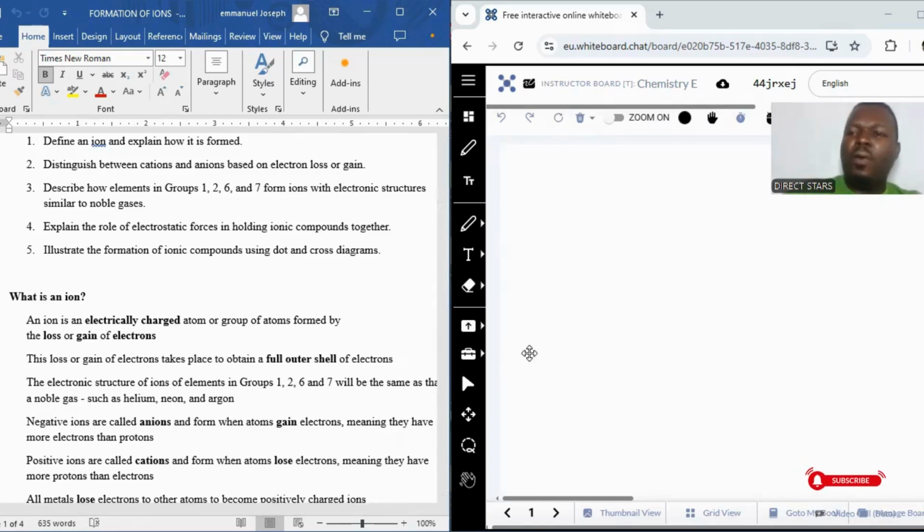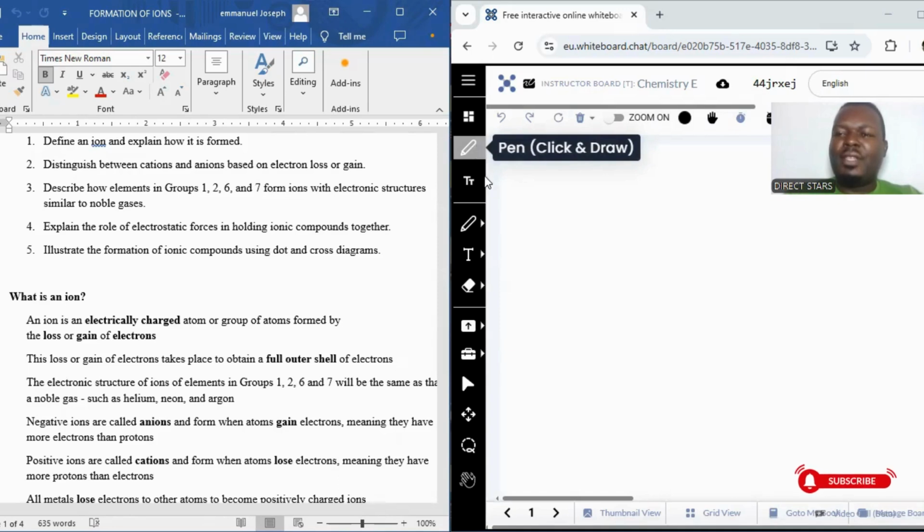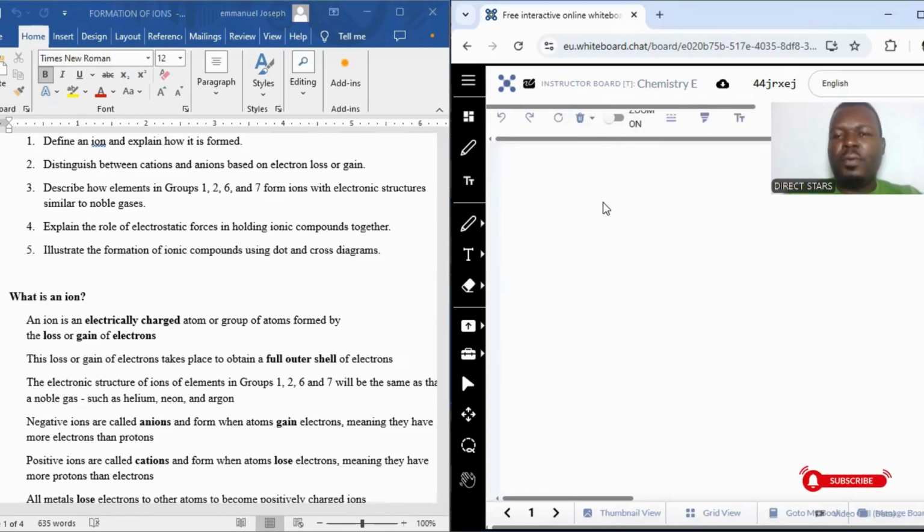So how are these ions formed? Let's start with the anions, the group 6 and the group 7 elements. The first member in your group 6 is oxygen. When we look at oxygen, for example, oxygen has an atomic number of 8.